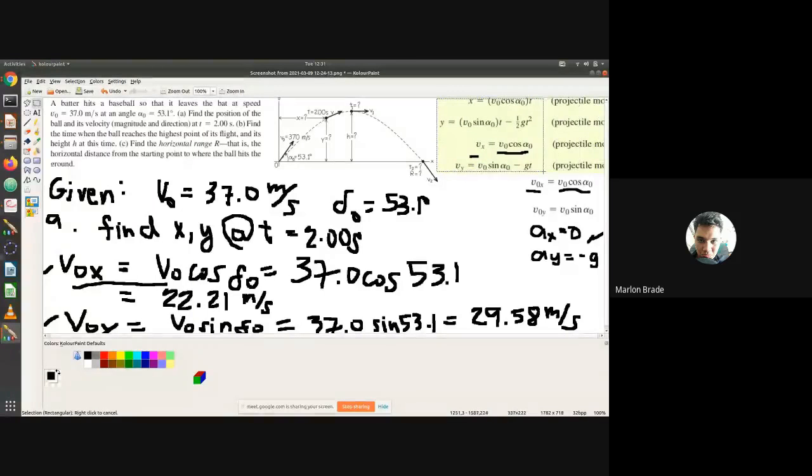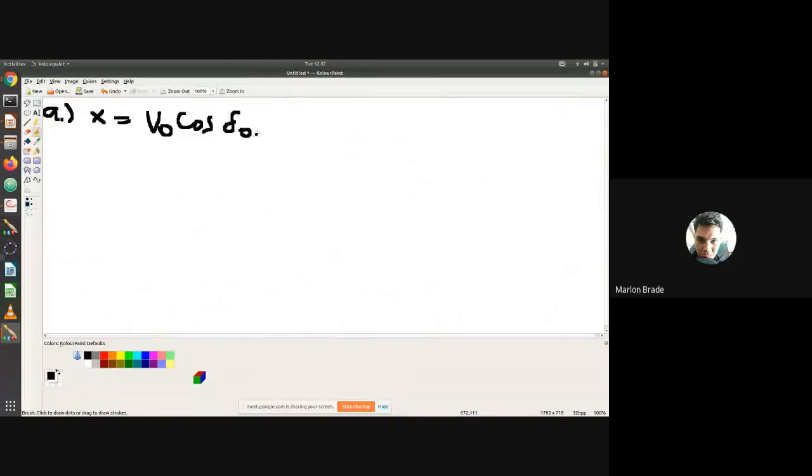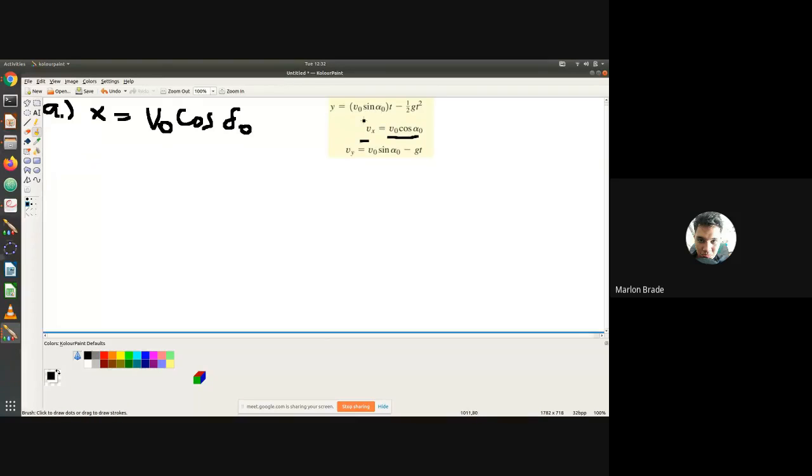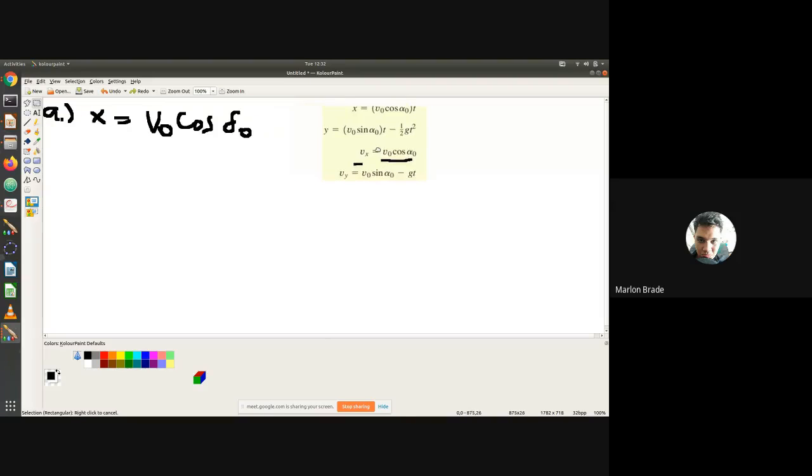So from this equation, let's copy this one. So paste. From this equation, we know that x is just equals to v naught cosine alpha naught multiplied by t. But we already solved the v naught cosine alpha naught.